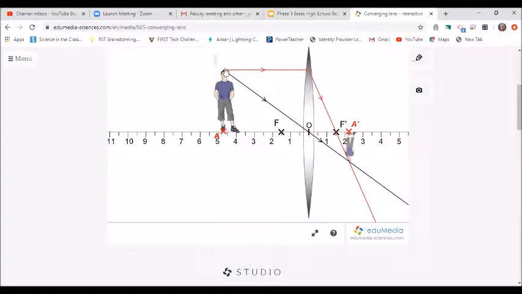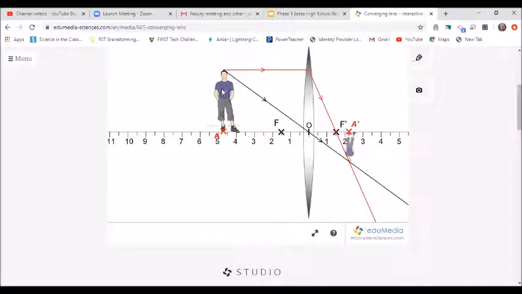And a ray that starts off at the object and goes through the center of the lens is not going to be refracted. It bends a little on the way in, but it bends back on the way out. And the intersection of those two is where the image is. So our image in this case is smaller and upside down, and it's outside the focus.